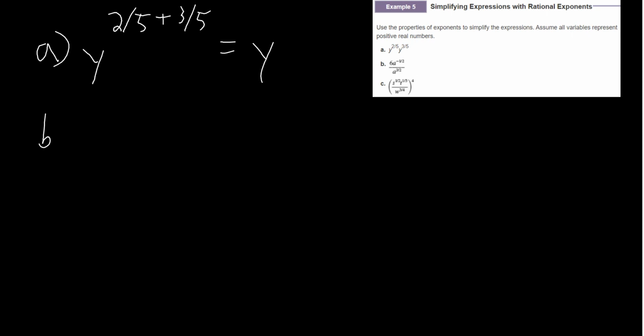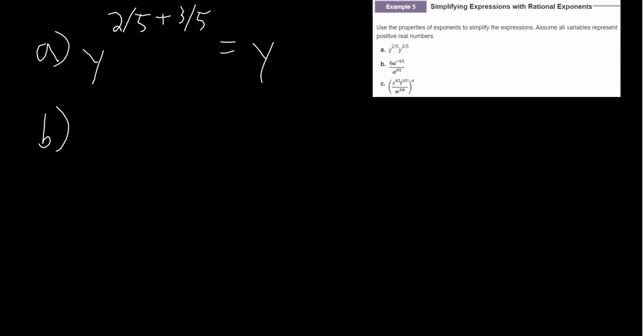Now b: we've got 6 times a to the negative 1/2 divided by a to the 3/2. There are a couple of ways we can go about this. We could move the a from the numerator to the denominator, or we could just subtract the exponents. We're going to go ahead with subtracting, since we have a like base.